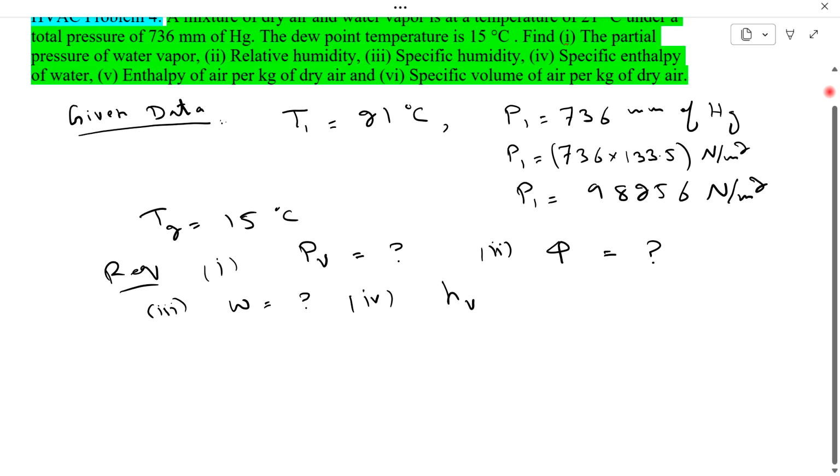Number 5: enthalpy of air per kilogram of dry air. Number 6: find specific volume of air per kilogram of dry air.